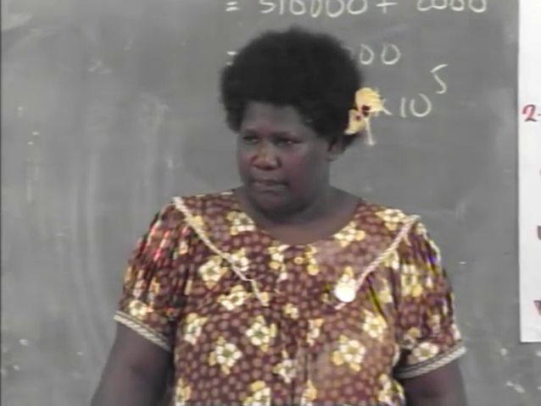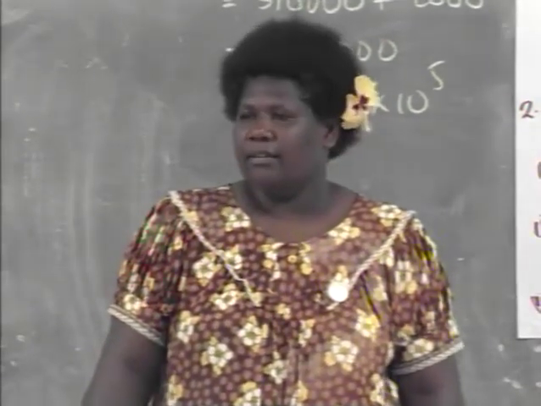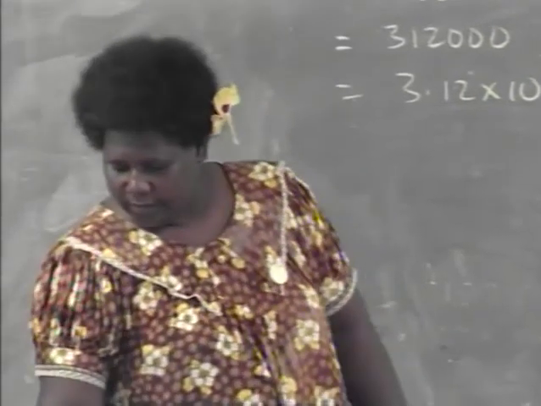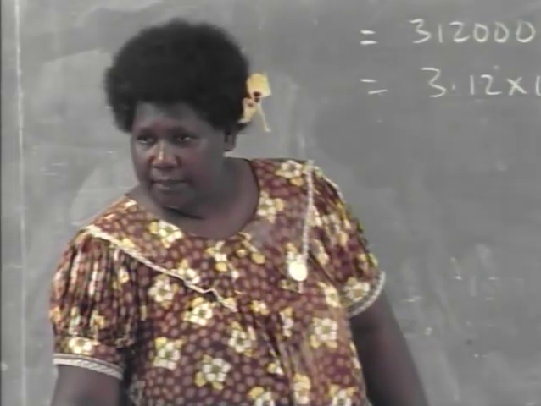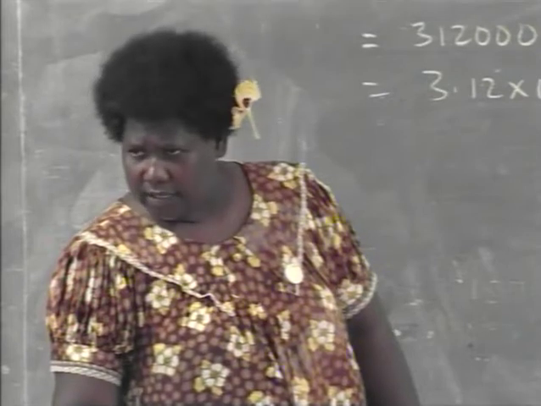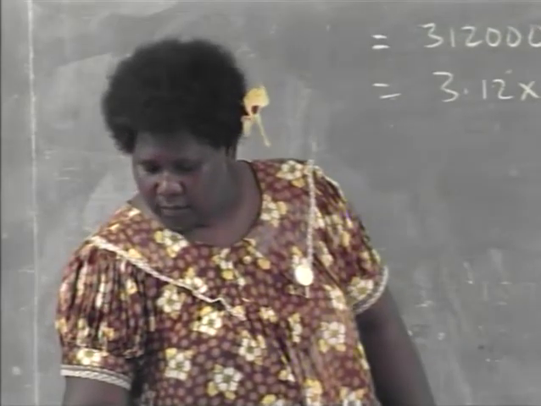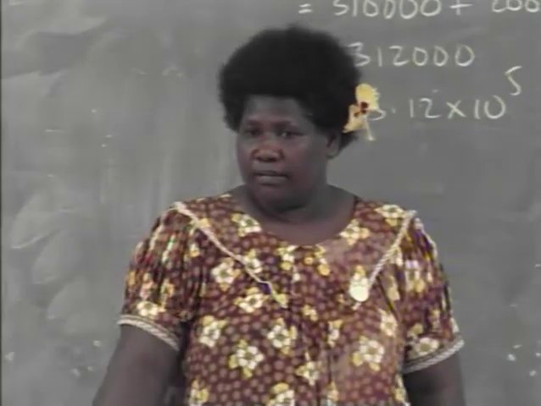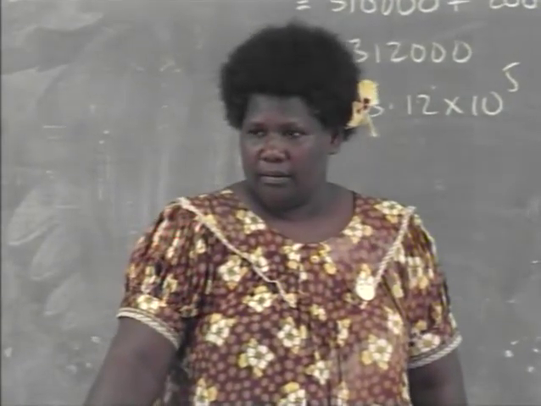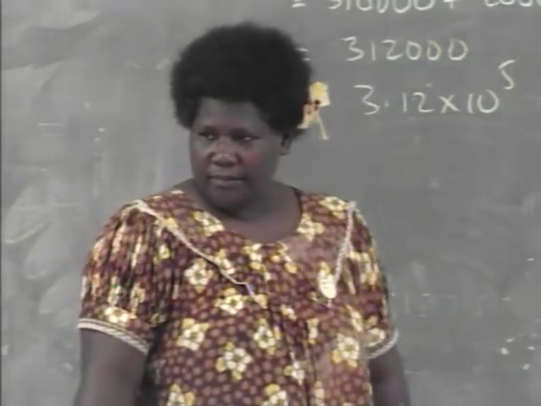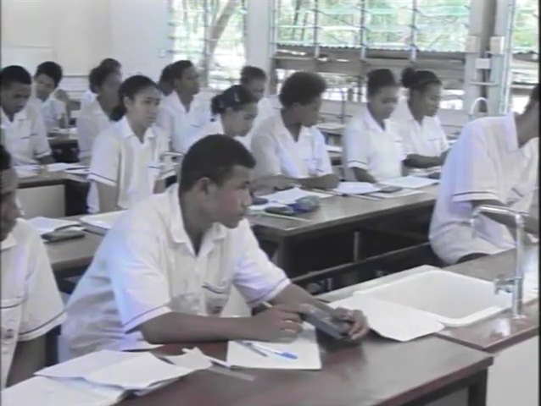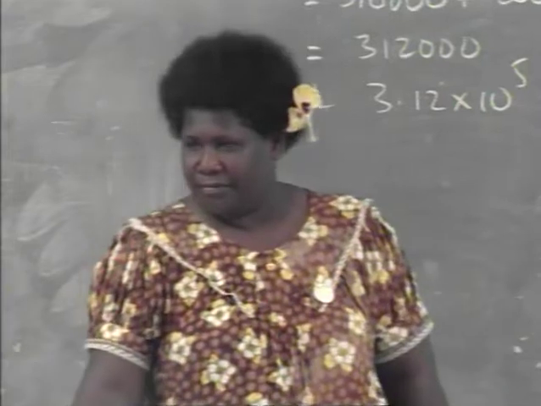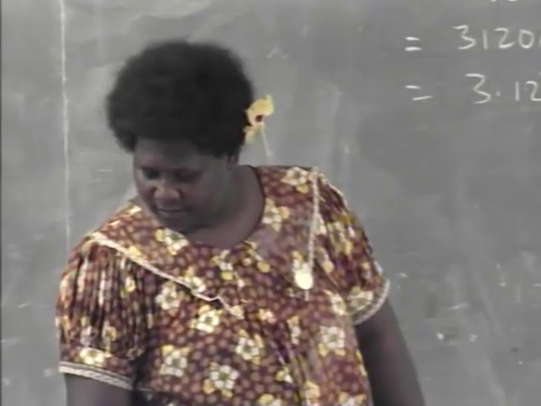You're supposed to subtract. 1.55 times 10 to the power of 4. Those who divided, you agree? To the power of 2. Okay, 5 minus 3 is 2. So it's correct now?